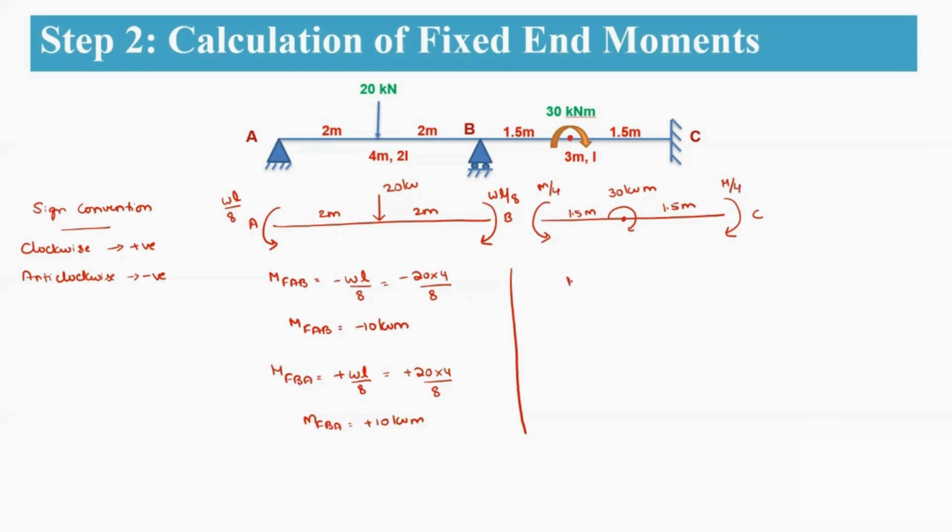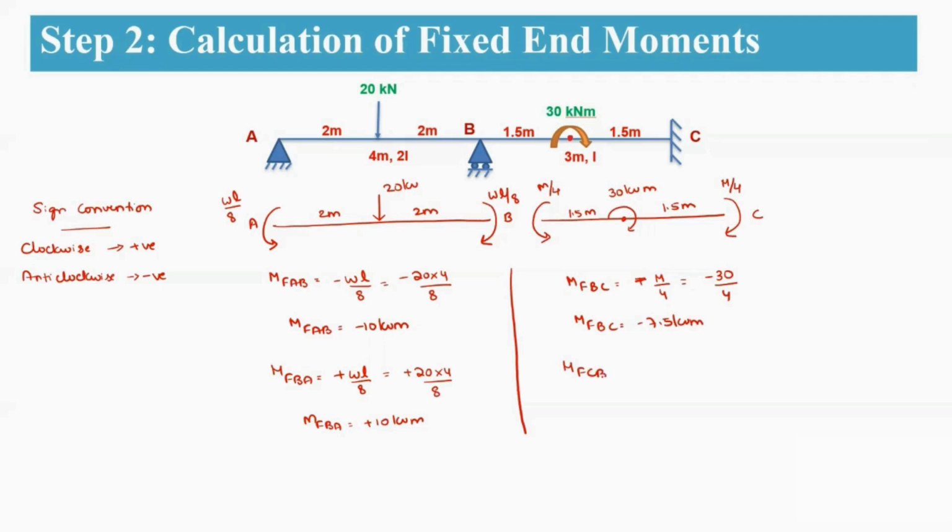So that means MFBC will be equal to minus M by 4 since it is in anti-clockwise direction. So that means minus 30 by 4. So MFBC will be equal to minus 7.5 kilonewton meter.